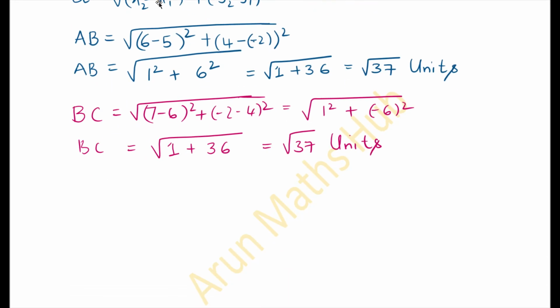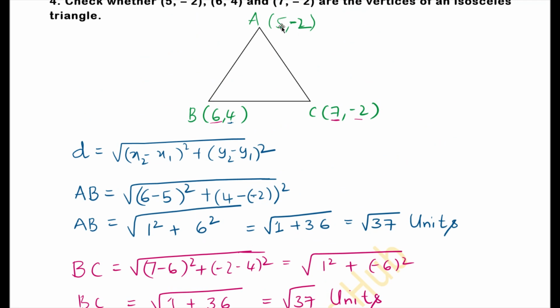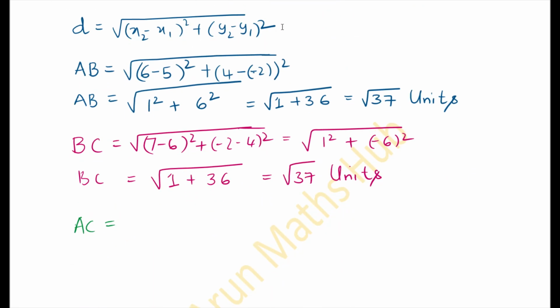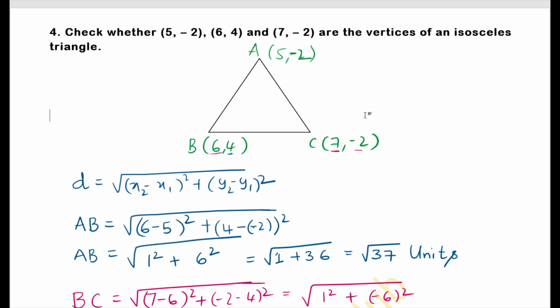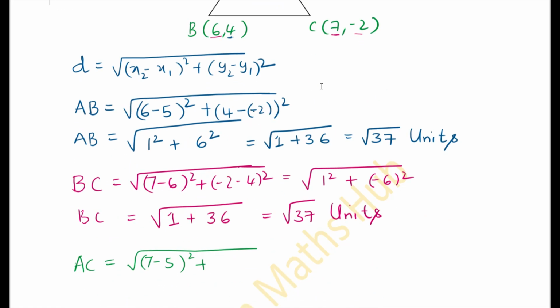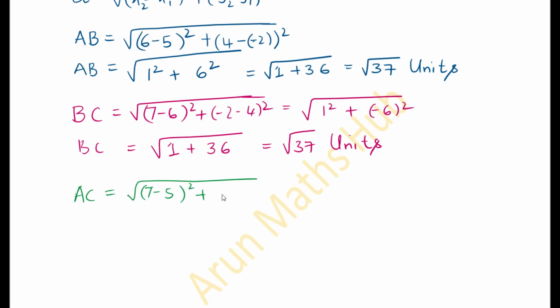Now we'll also find the length AC. The length AC will be equal to what? Square root of (7 minus 5) whole square plus (y2 minus y1), that is (minus 2 minus of minus 2) whole square.